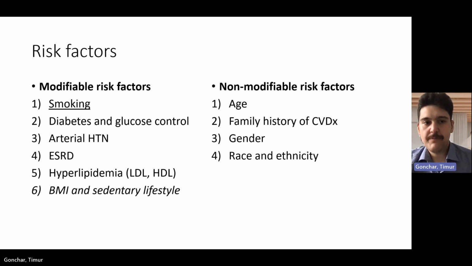Other things I consider to be very important, and which are actually considered to be important by all the specialists, are diabetes, because diabetes is considered to be a so-called coronary artery disease equivalent for the risk of myocardial infarction, and we will talk about that in the second video. But those patients are at insanely high risk for myocardial infarction, and also the patients with end-stage renal disease.